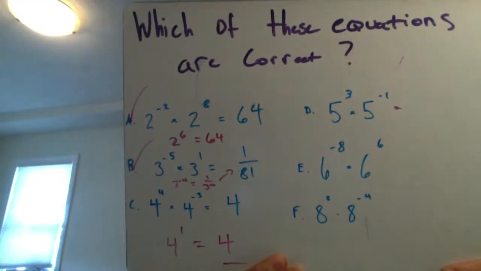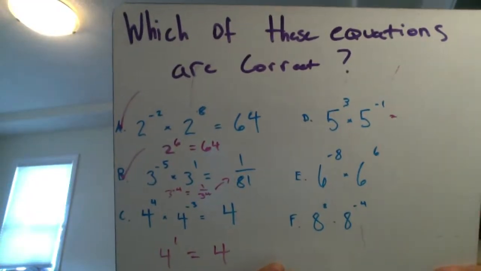And for C, 4 to the 4th power times 4 to the negative 3 is 4 to the 1st power. So that is just equal to 4. All right, guys, that one's pretty easy.